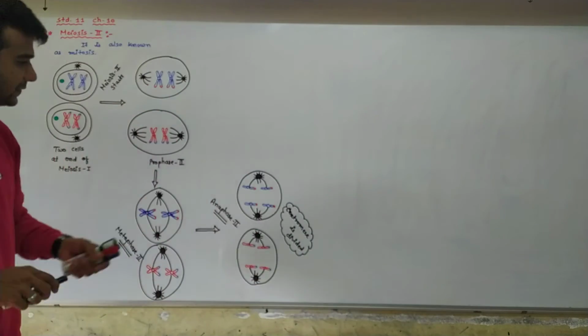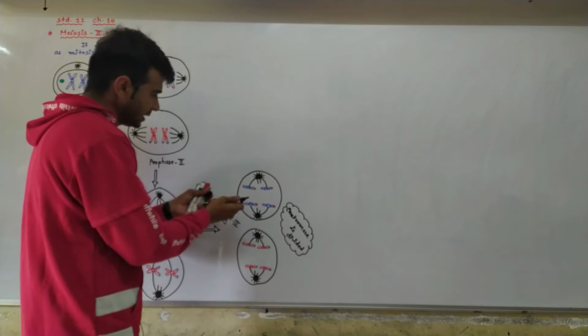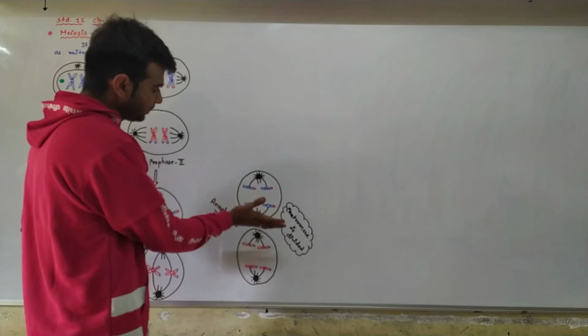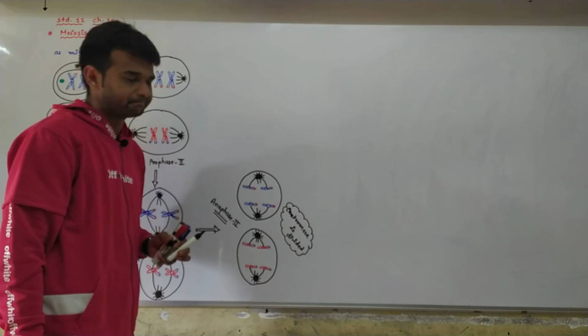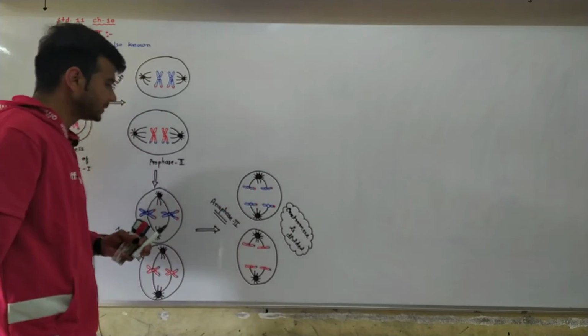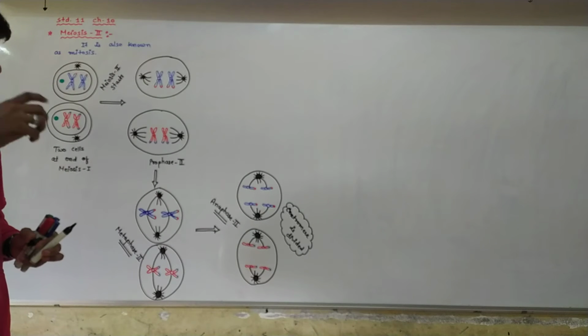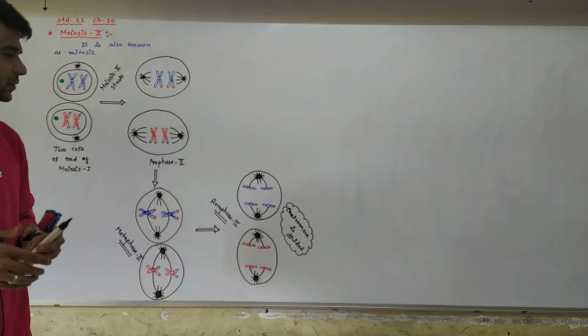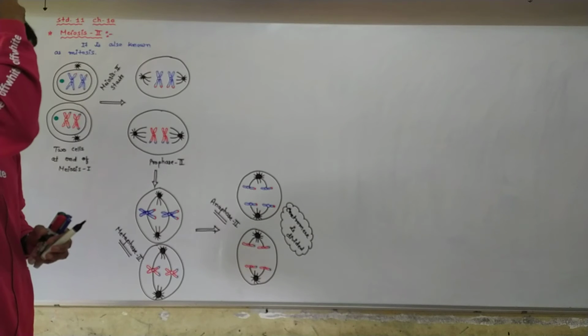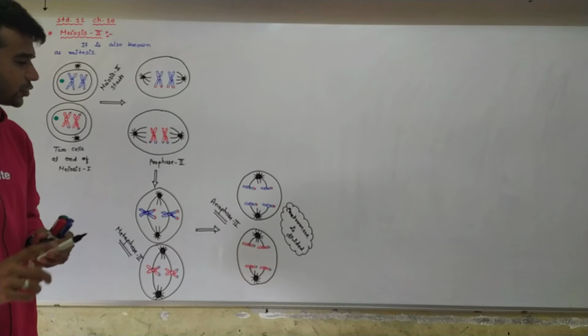So after the centromere is divided, half of the chromosomes move towards the polar region. As a result, half of the chromosomes are obtained towards the polar region and the spindle fibers become shorter.